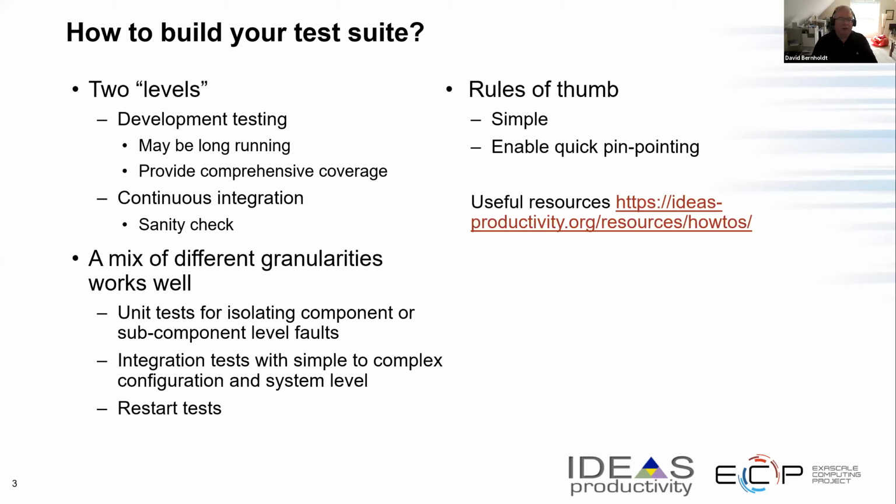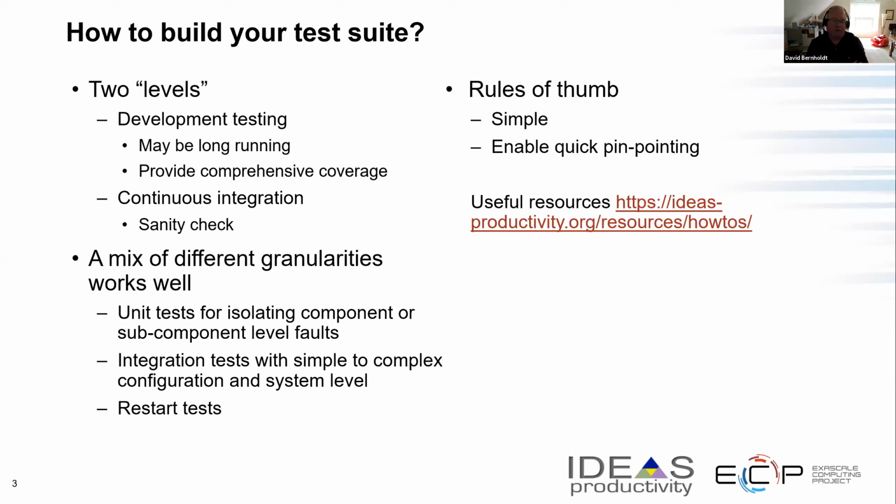Development testing may be long running. You want to try to provide pretty comprehensive coverage, as Jim just suggested. 99 or 100% coverage may be unreasonable, but try to make sure your key kernels are covered, and where you're encountering the most errors are obvious places.